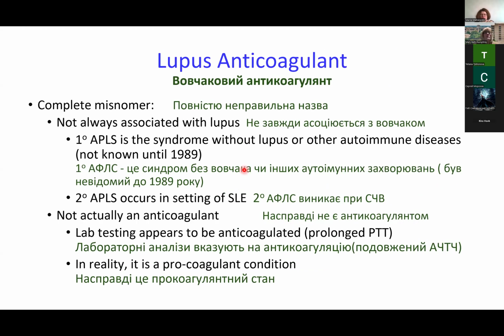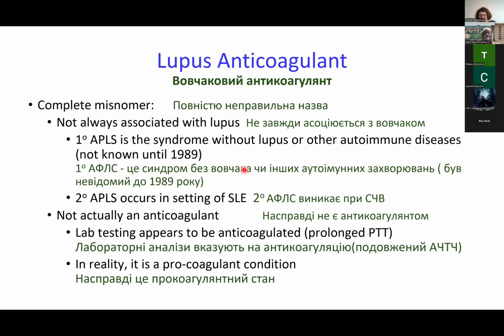Okay, so the lupus anticoagulant, like I said, is a misnomer. It's not always associated with lupus. I think it was first described as a condition that was associated with systemic lupus erythematosus, so it became known as a lupus anticoagulant. It's the primary antiphospholipid antibody that we see with lupus or without lupus.